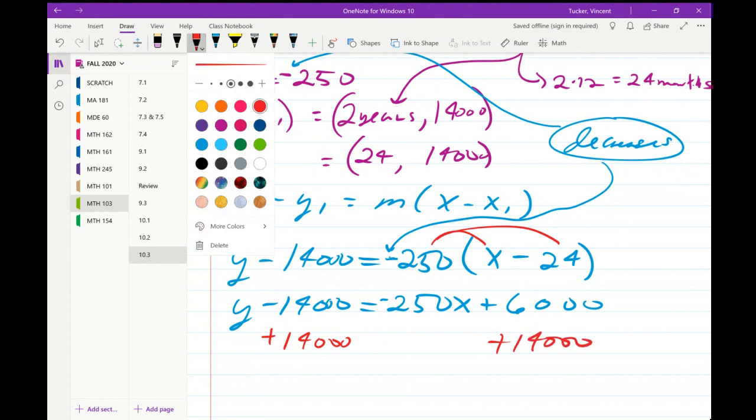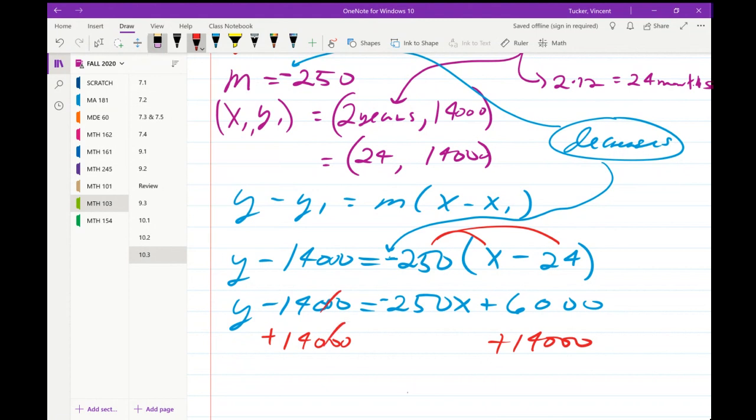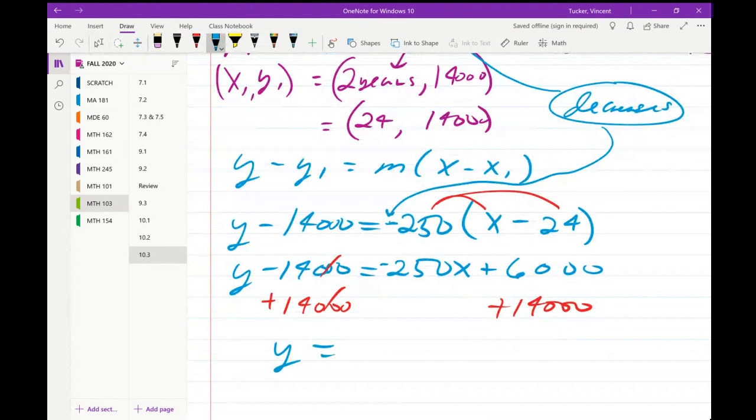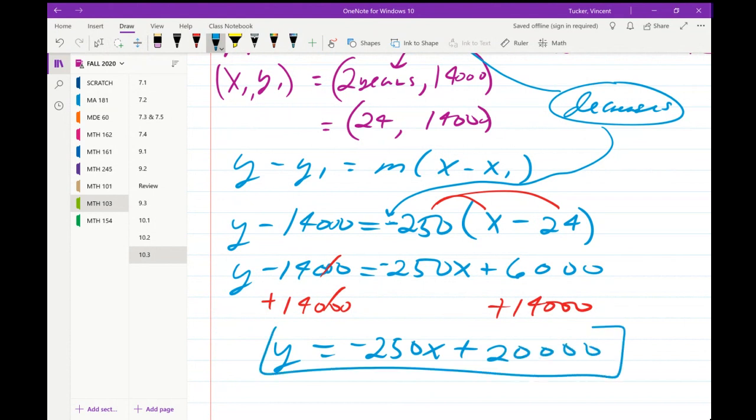All right. So 14,000s will cancel, leaving me with y on the left, and on the right, negative 250x plus 20,000. Yep. So make sure you don't do like I did, leaving off zeros. You will get the wrong answer.